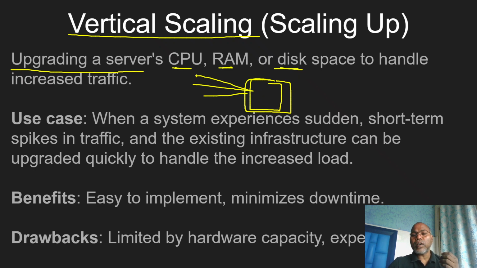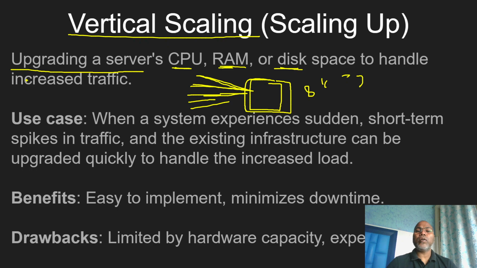If our requests are currently handled by 2 CPUs, maybe I can increase to 4 CPUs, or 8 CPU cores. Maybe our RAM is 8 GB, we can increase to 16 GB, 32 GB, 64 GB, or 512 GB, depending on how much load our system is receiving.